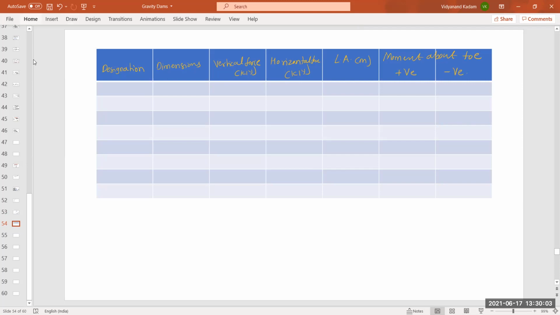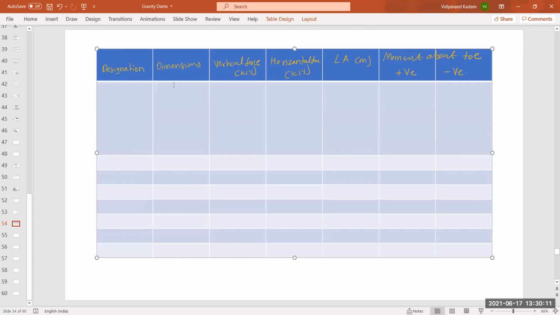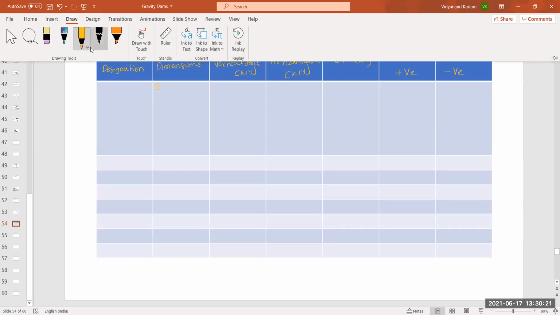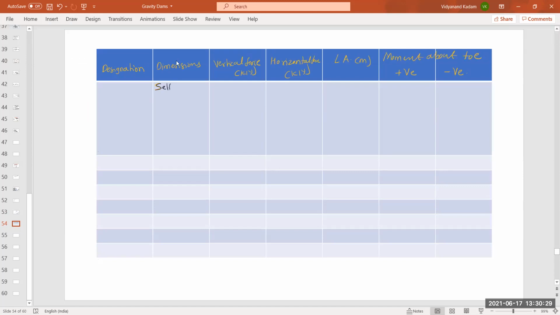Now let us start with the self-weight of the dam. In that you calculate W1 and W2.